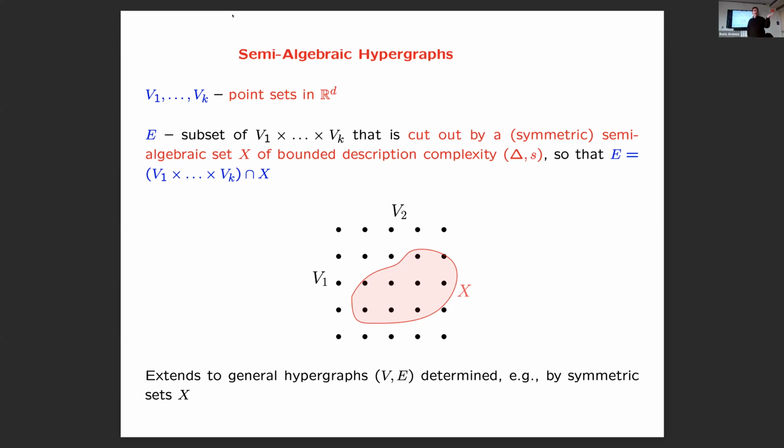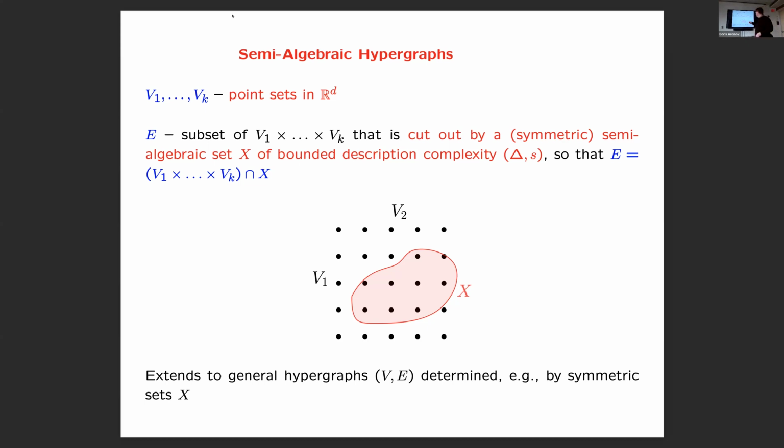Of course, you may ask, what if it's not k-partite? Maybe the order of the k-tuples matters, but for the sake of this talk, whatever we do also applies even to oriented k-uniform hypergraphs.